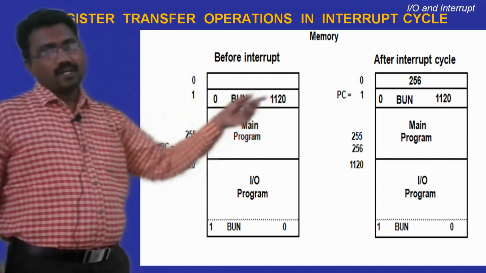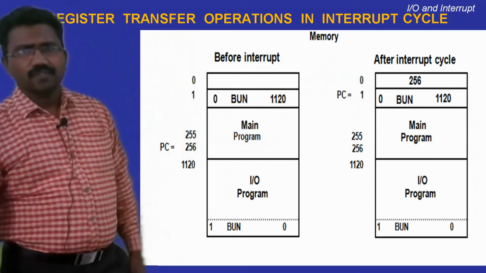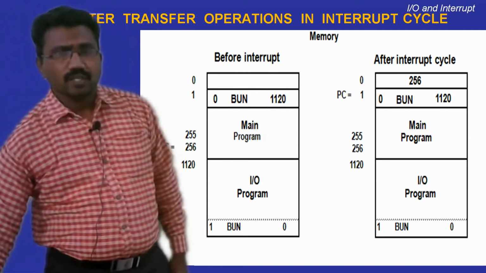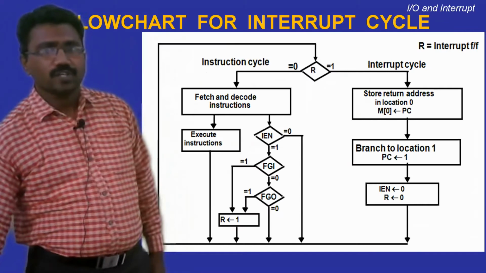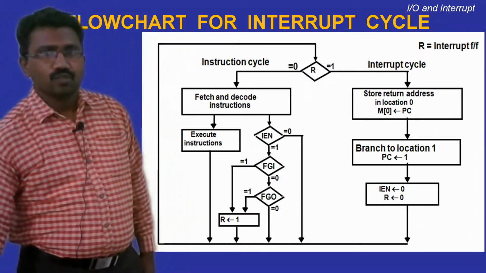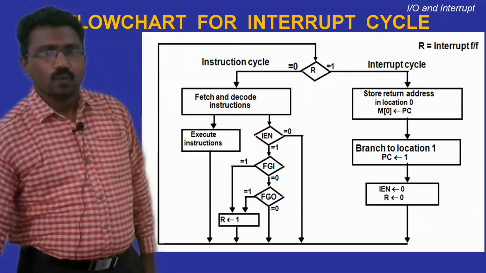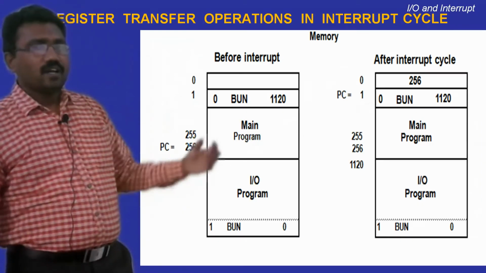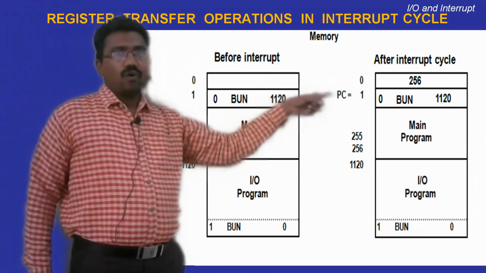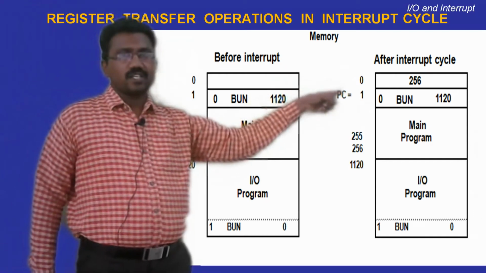After storing the return address, what is the next operation in the interrupt cycle? Branching to location 1. The PC is set to 1, which is nothing but the address of the next instruction is 1.